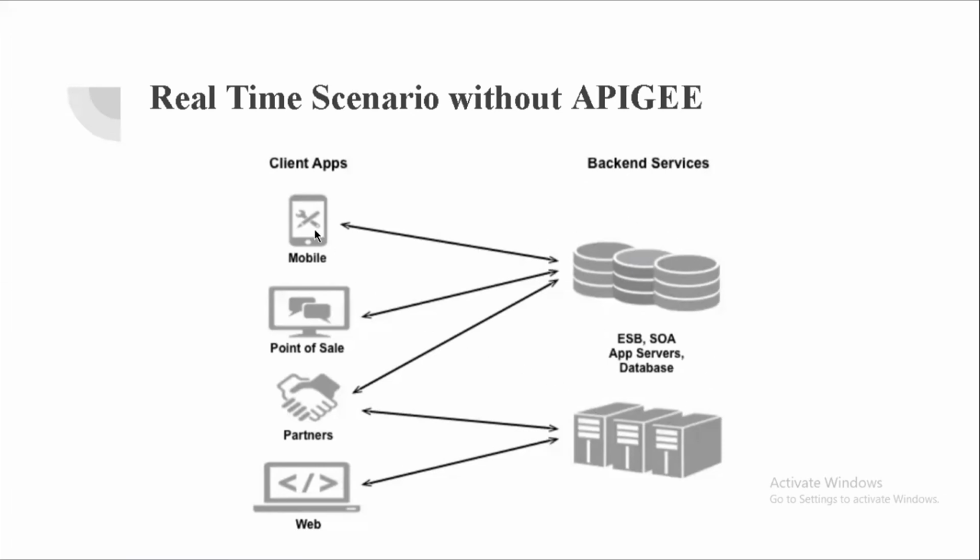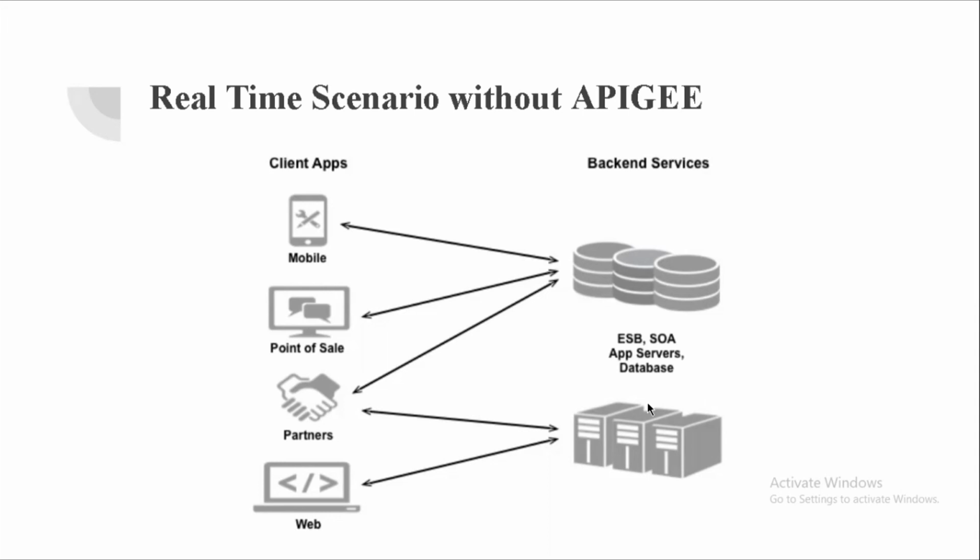When it comes to the consumer, it's very hard, because the backend services are written in different languages and technologies, and there might be different ways of consuming each and every backend service. So it's going to be hard for the client or the app development team to consume those different backend services. This is going to be a very difficult task.